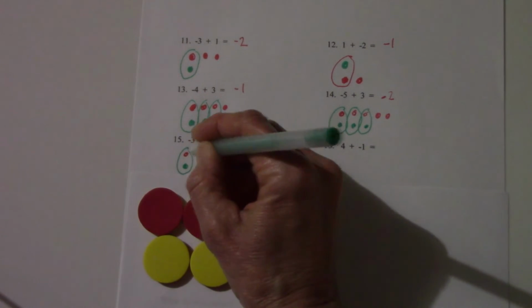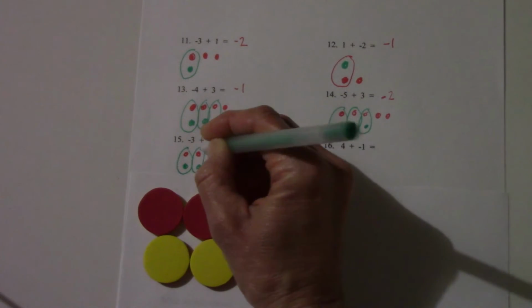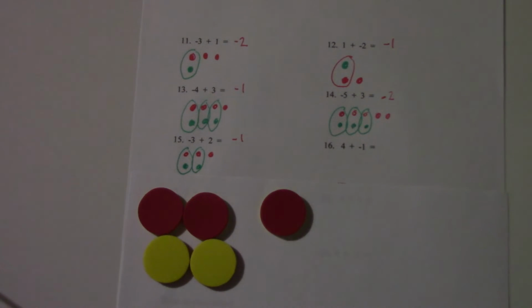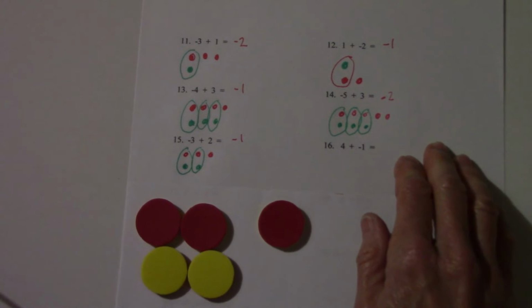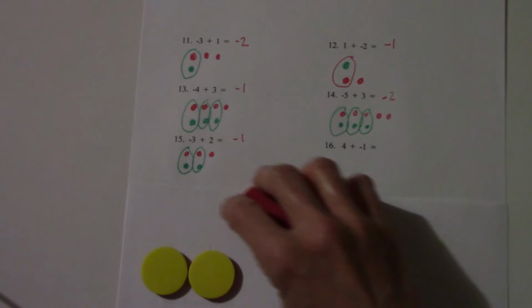So then this gives me 2 0 pairs, and I'm left with a -1. Okay, so we're thinking, what sort of patterns are we seeing?